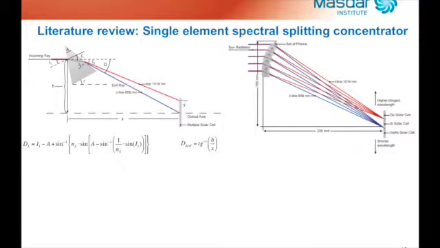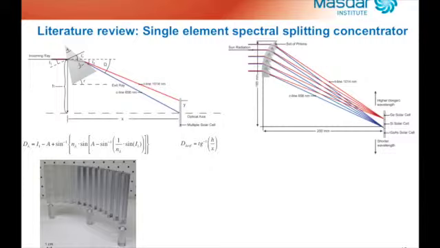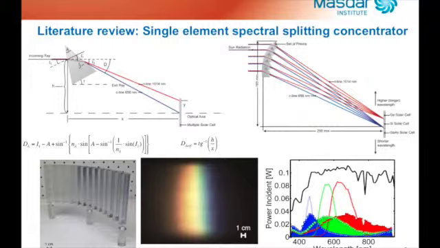So we can obtain a separation of different colors and at the same time a concentration of the light. And this is the optical element that has been designed. This has been realized by mechanical machining with an organic material.